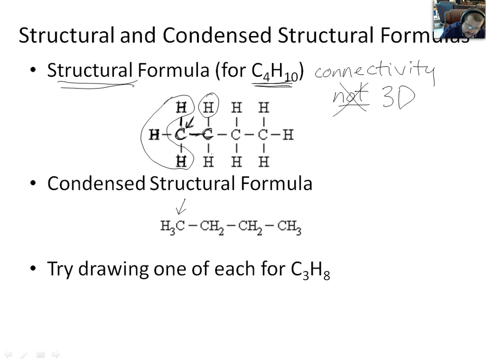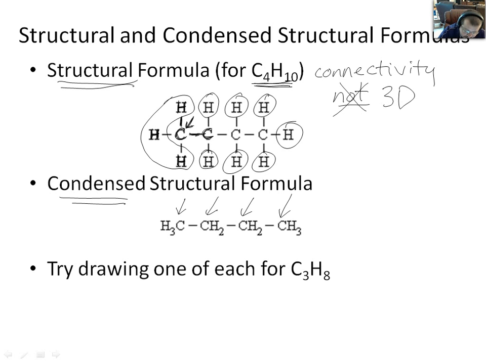I'm pulling these two hydrogens into the carbon that they're with, and so on throughout the molecule, and it just gives a clearer picture of the overall backbone of the molecule. So condensed structural formulas pull the hydrogens in next to the carbons that they're attached to.